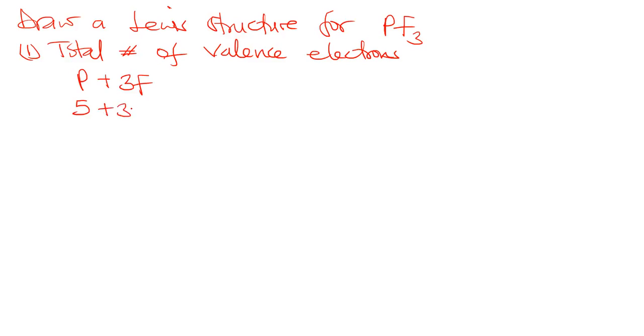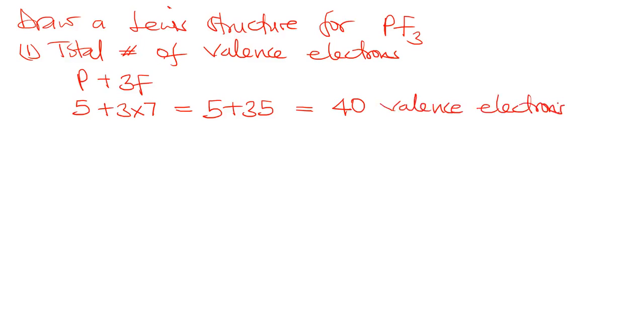So 3 times 7, because each fluorine has 7 electrons. This will be equal to 5 plus 35. So this one has 40 valence electrons.